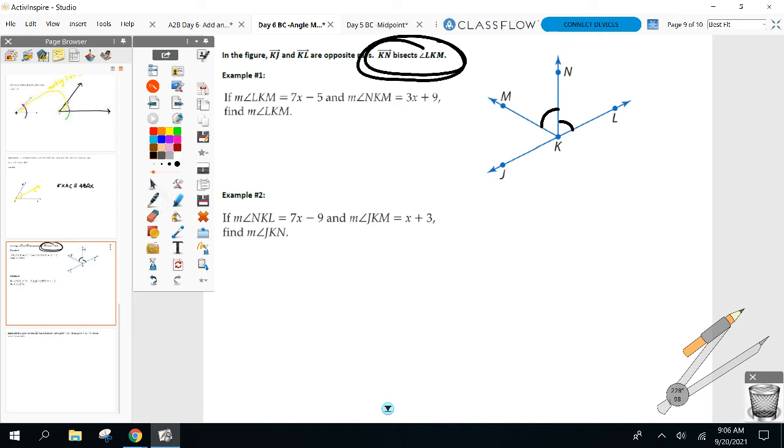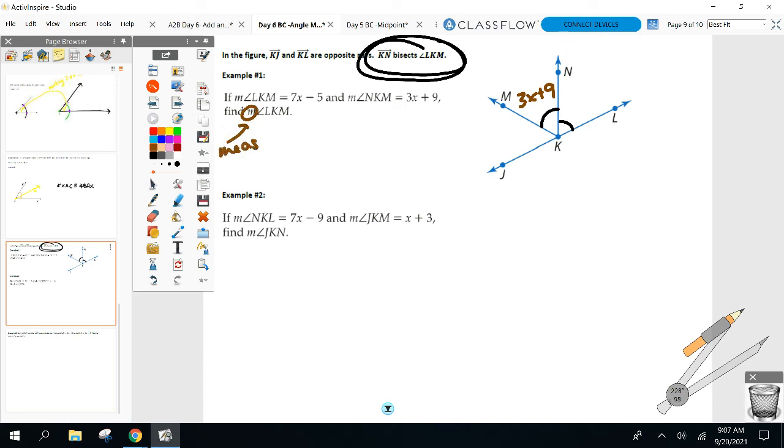Example 1. LKM. Everyone see LKM? The full angle is 7x minus 5. NKM is 3x plus 9. And I can't just assume anything here. The M out in front is find the measure.